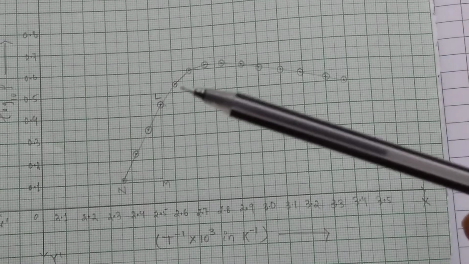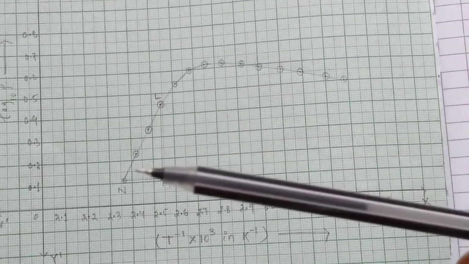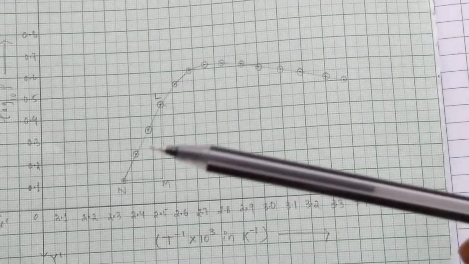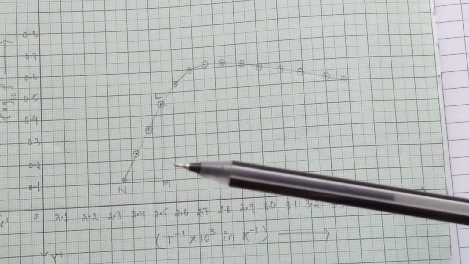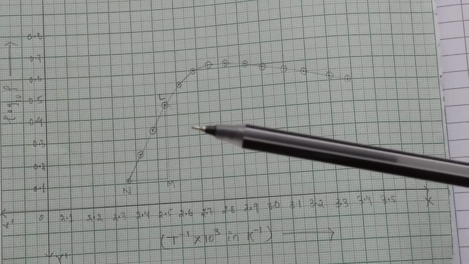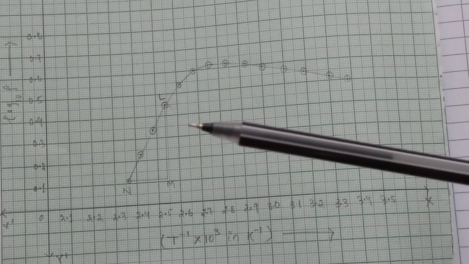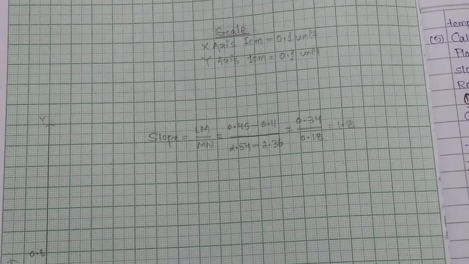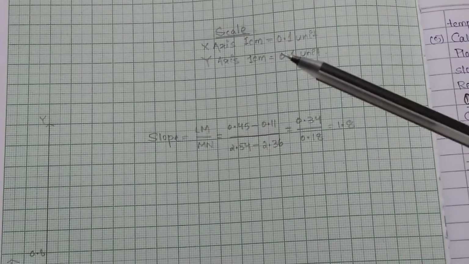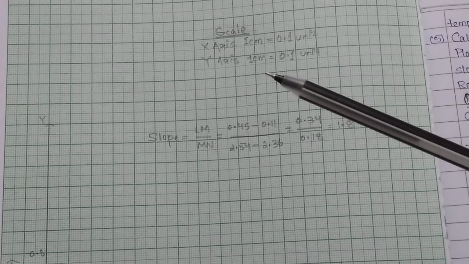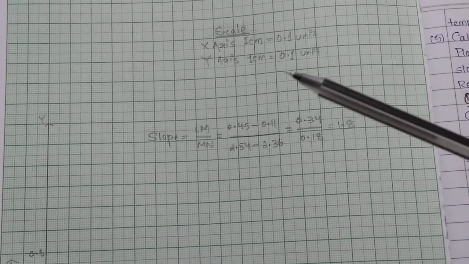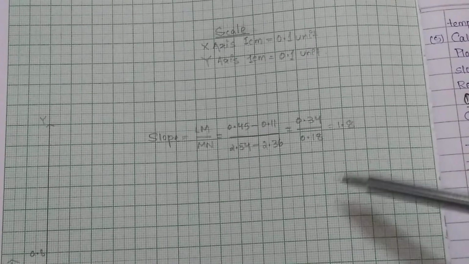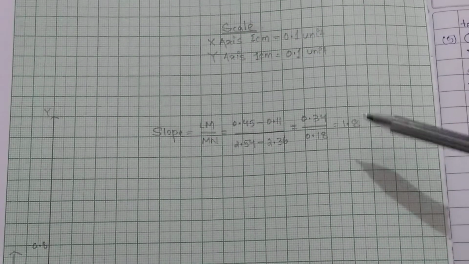You have to take the slope from this linear part, and the slope value will give you the magnitude of log rho divided by T inverse. This is the x-axis scale and y-axis scale, and if you take the slope, it is equal to 1.8.